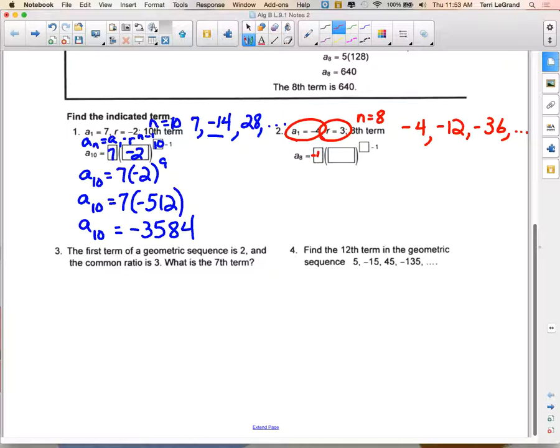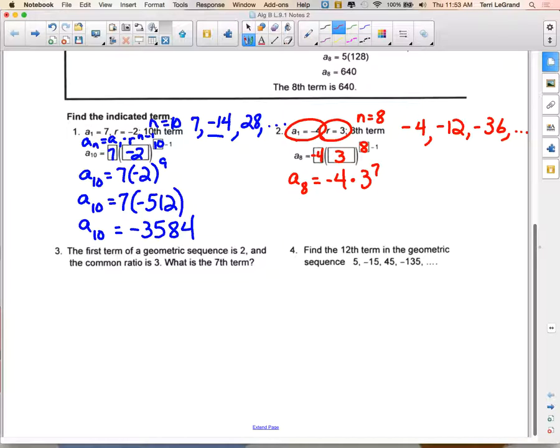So we're going to sub into the setup they've already started for us here. We have a sub 8 equals negative 4 times 3 to the 7th.